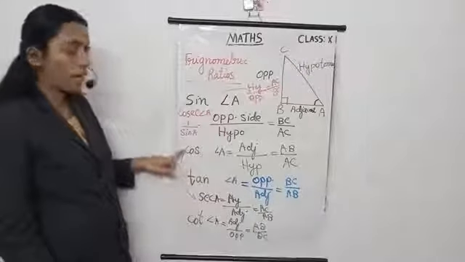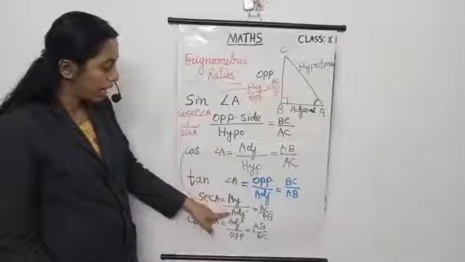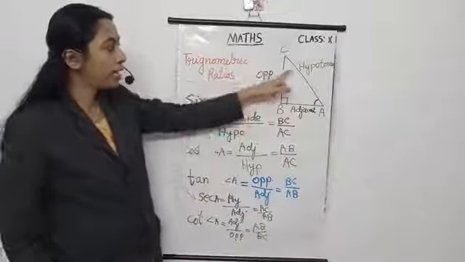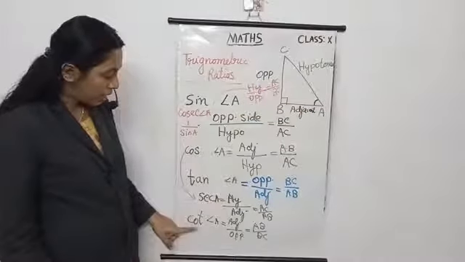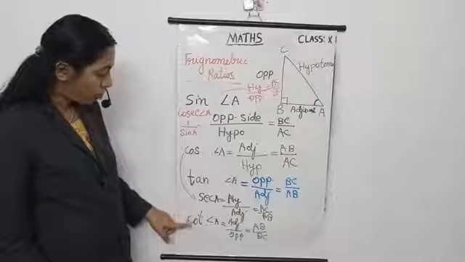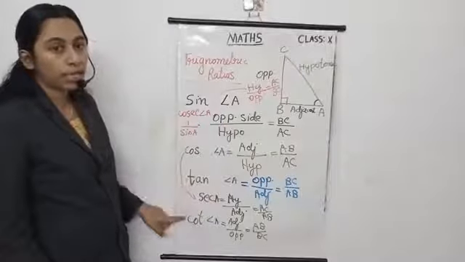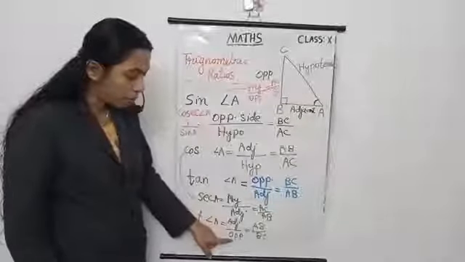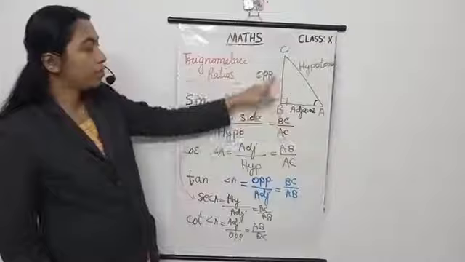Sec is 1 by cos, so sec is hypotenuse by adjacent, the reverse, and that is AC by AB. And the last is cotangent. Its short form is cot and it is also related with tan. Cot is 1 by tan, that is adjacent by opposite, and here AB by BC.